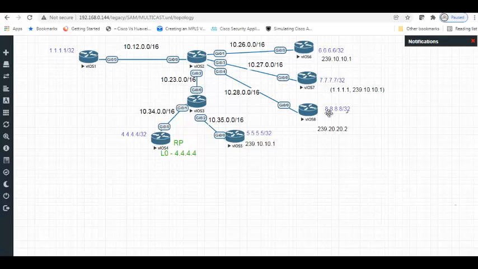After that we saw that the traffic is coming under G01 from R3. The same thing we checked on R2 and R7, correct? But at that time on R2 it was coming from G02 by default. We did not configure our RP, right?